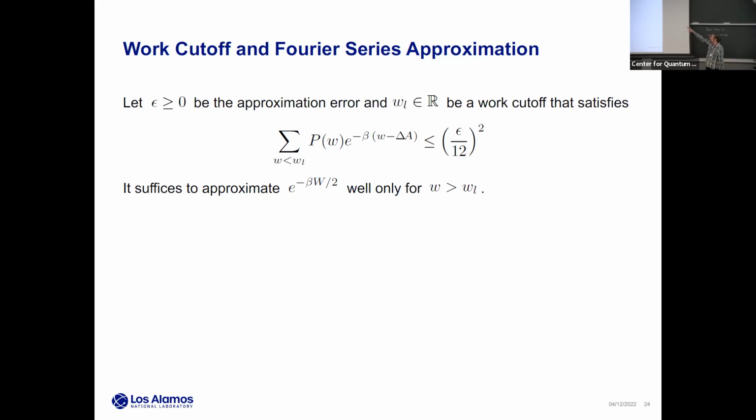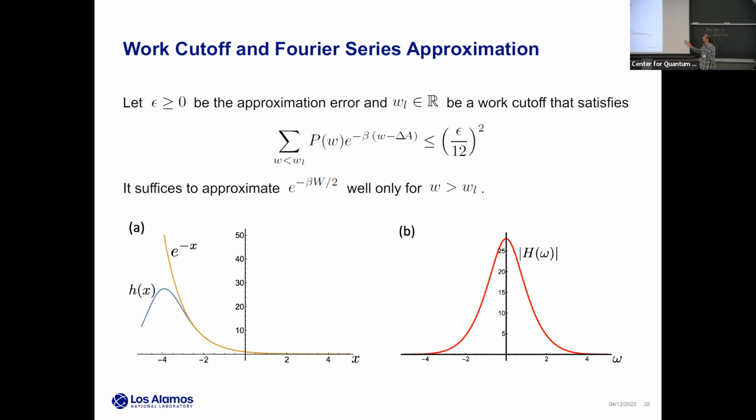And the condition for that is given in that expression that depends on the probability distribution of work. And since we could use any arbitrary non-equilibrium process, we can choose it to engineer the probability distribution of work in a way that we can put a cutoff at higher values. So we don't have to work too hard to approximate this exponential.